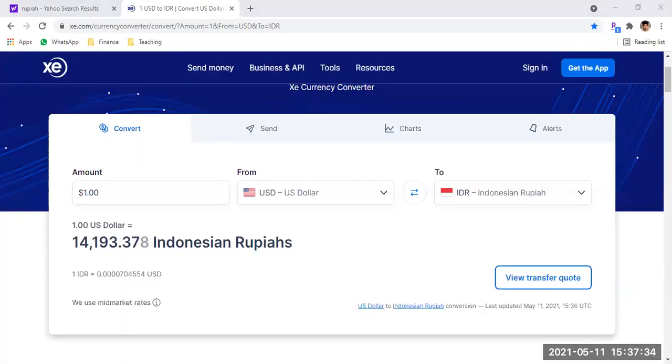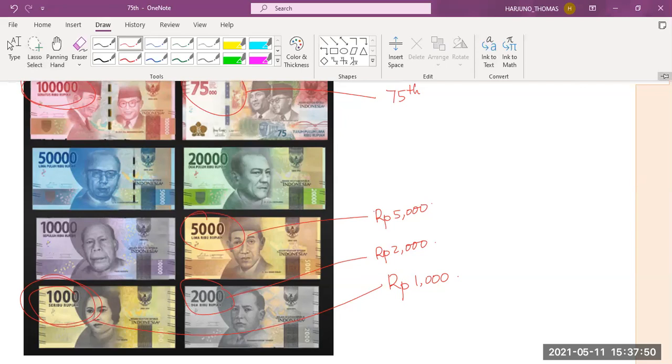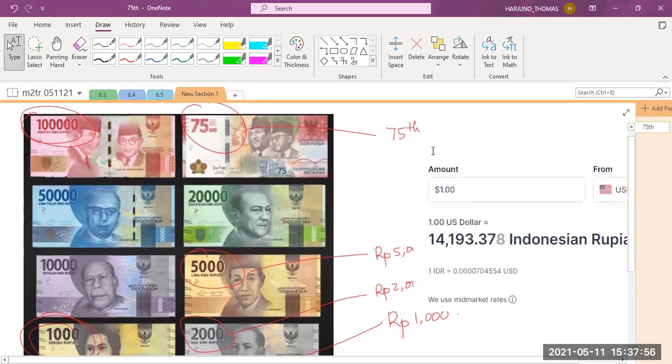Screenshot that. Bring it back to our notes and put it here. Give me a second. This is the conversion rate.